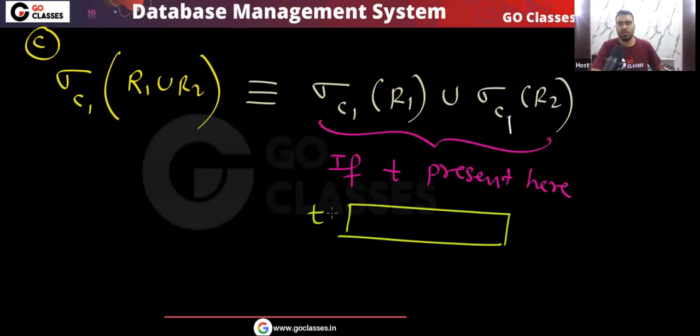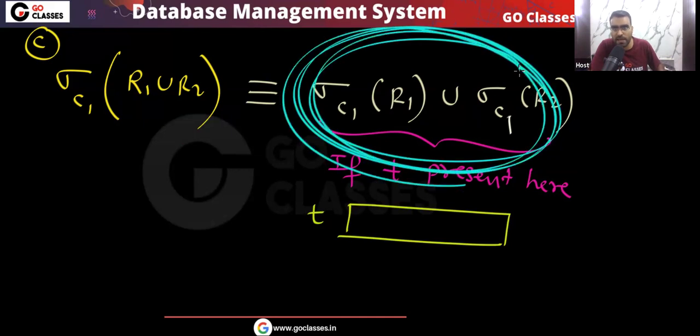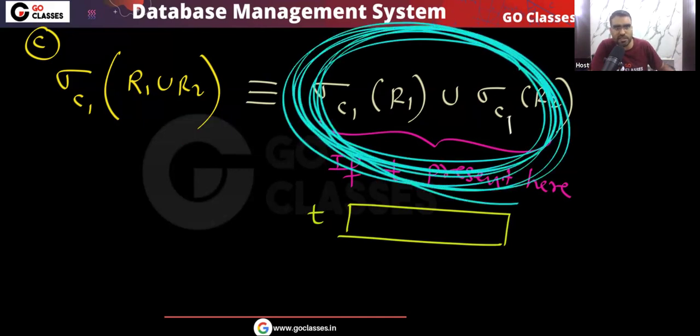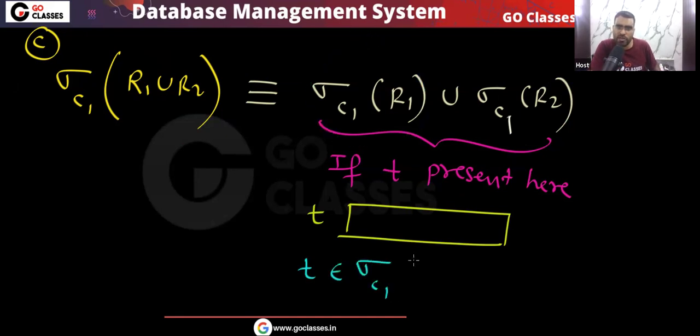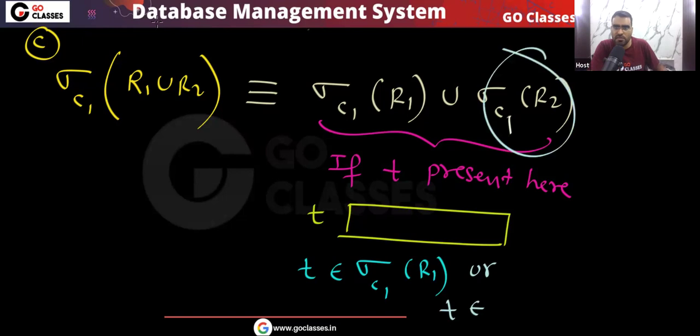Do you agree with me? If tuple T is present in this result and there is union here, then I can say either T is coming from here, or T is coming from here.